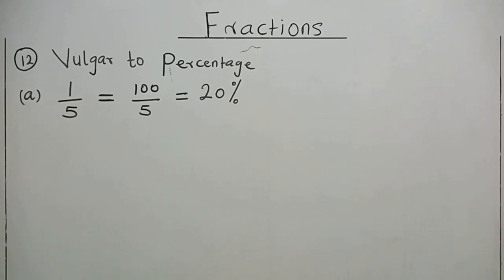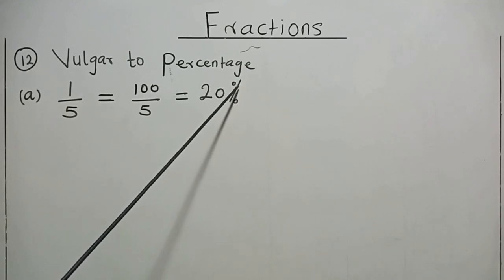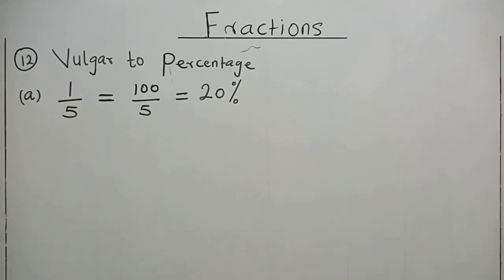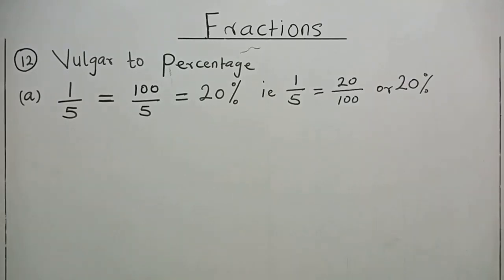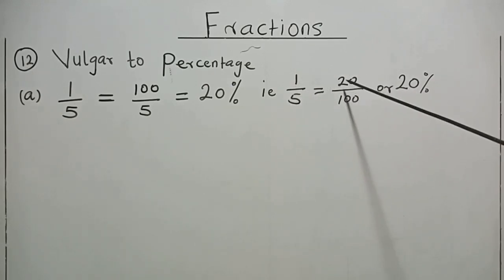Therefore, let me rewrite this 20%. This is a symbol of percent, but in full notation, it is going to be 20 over 100. Let me write it alternatively. And that is it. 1 over 5 is equal to 20 over 100.